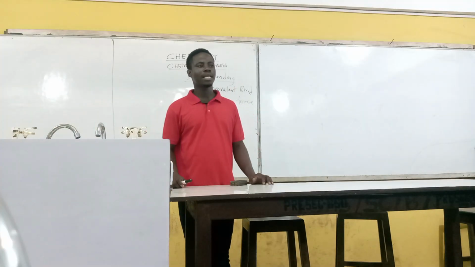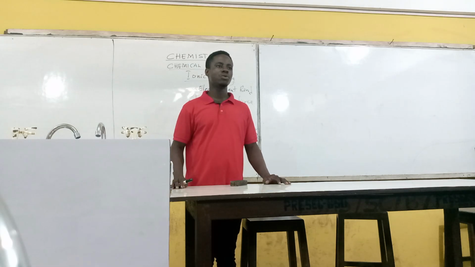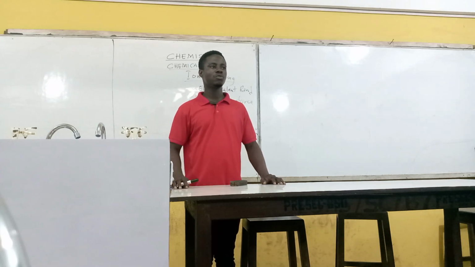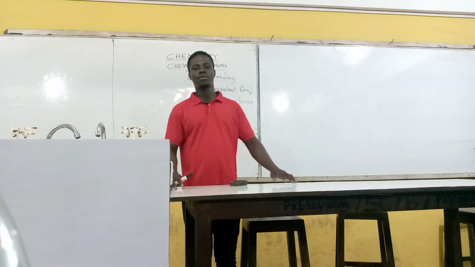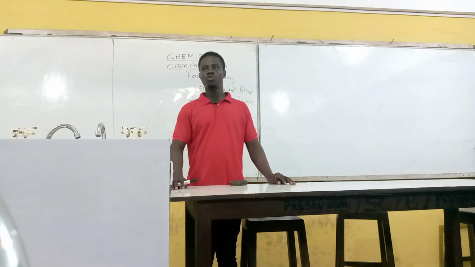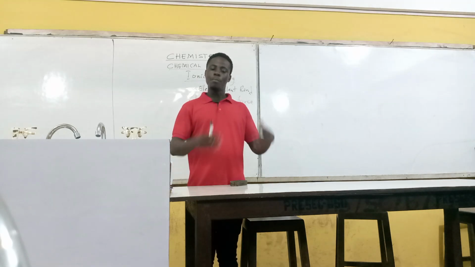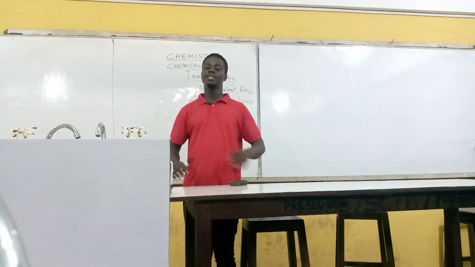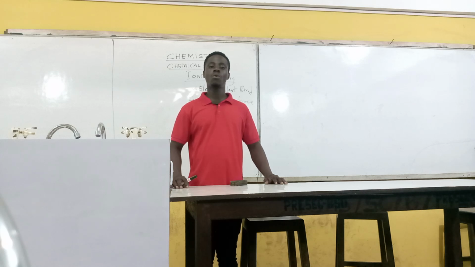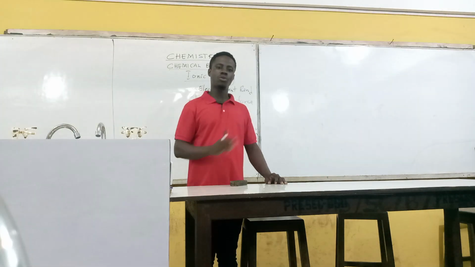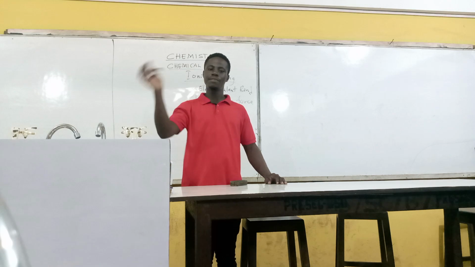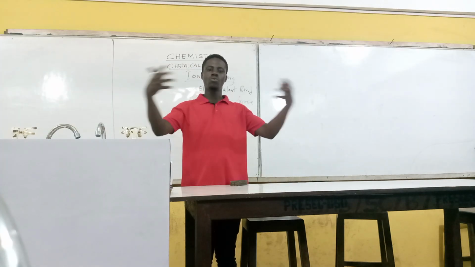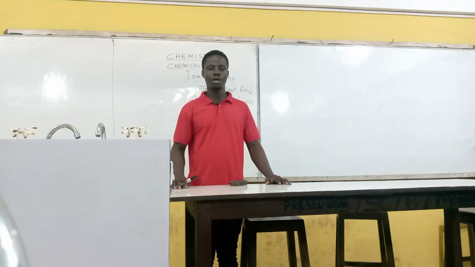So in a very simple context, if you are asked to define an ionic bond, you can put it in this way: an ionic bond is the electrostatic force of attraction that exists between atoms, that is one positively charged atom and a negatively charged atom, to form a stable compound. So what it implies is that for this ionic bond to be formed, we need a positively charged atom and a negatively charged atom. And these two atoms will come together to form a stable compound.